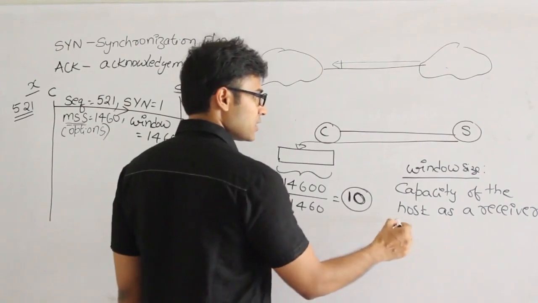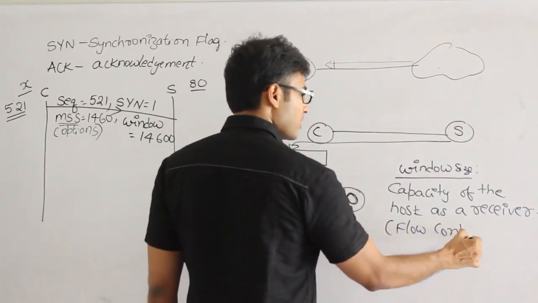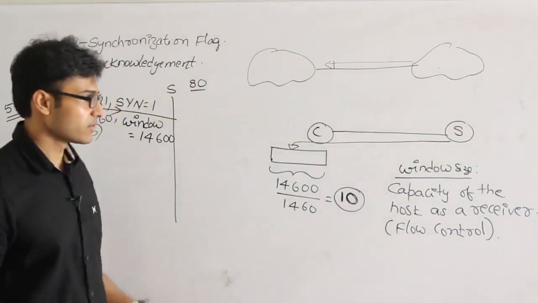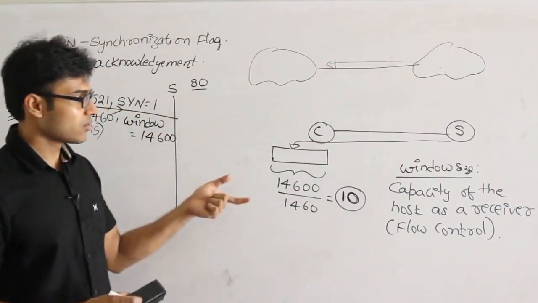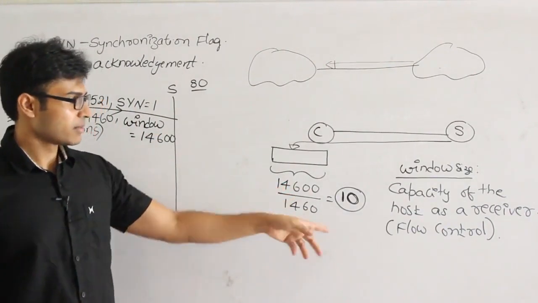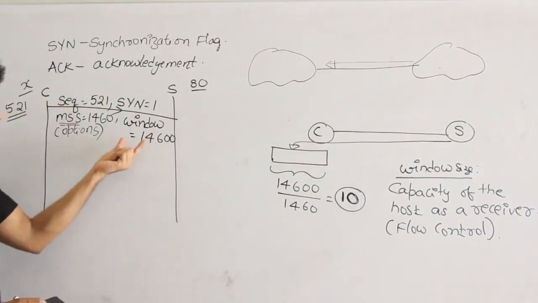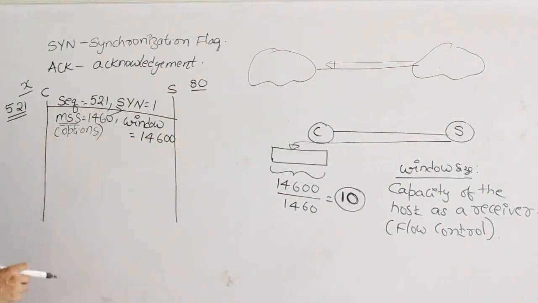Why is it used? It is used for flow control. What is flow control? We are never supposed to send more than what a receiver is able to receive. Therefore, this particular window size field is used for flow control. Later I'll show you by taking a separate example how the flow control works. For now, understand that there is a special field called window size, which will tell you the maximum capacity of the receiver, right?